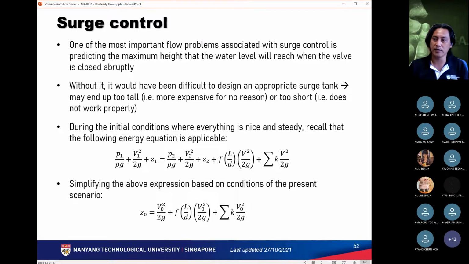Bernoulli's equation again, the energy balance equation. I'm quite sure you have seen this equation and are quite well versed with it.